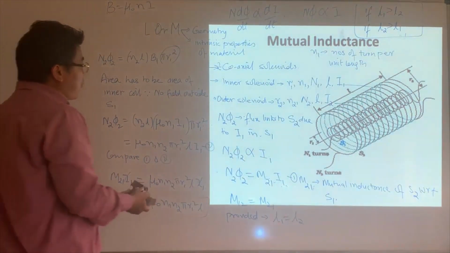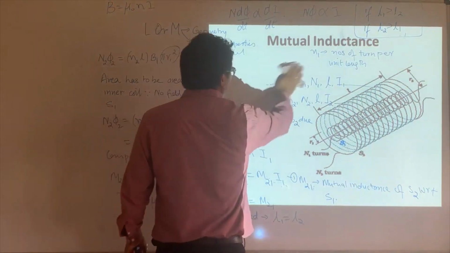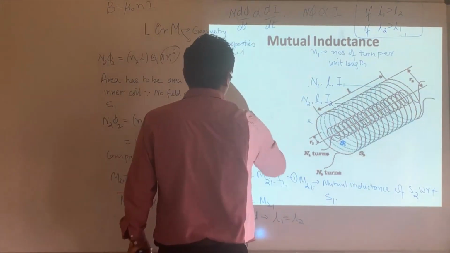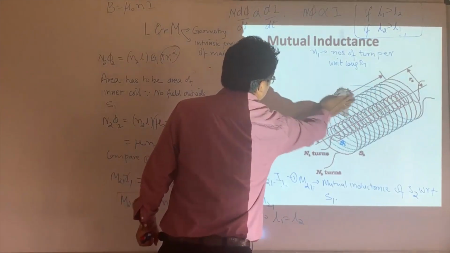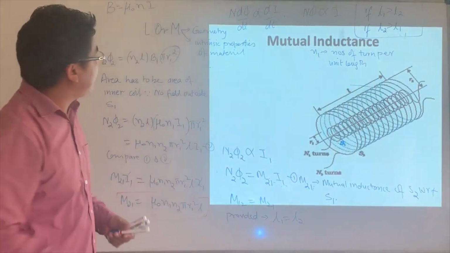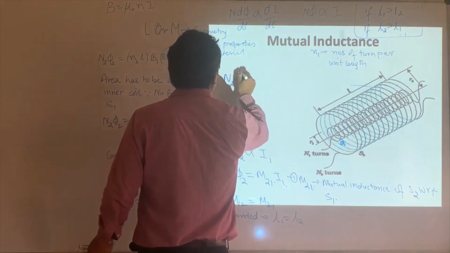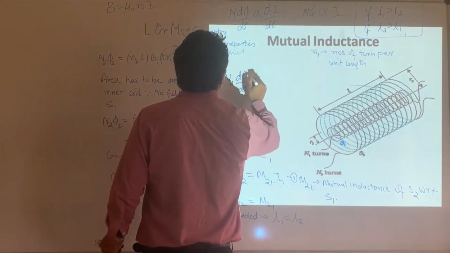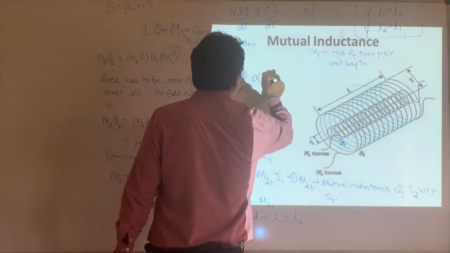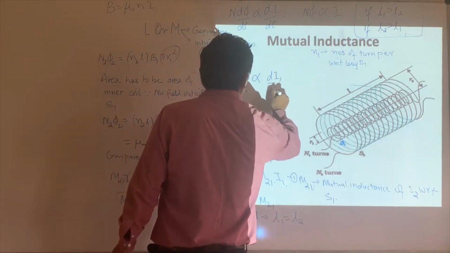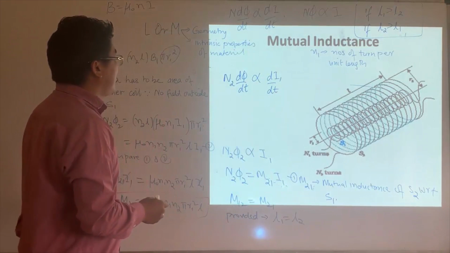Now, what I would like to do is, if I change the current in coil number 1, there will be a magnetic flux change in coil number 2.